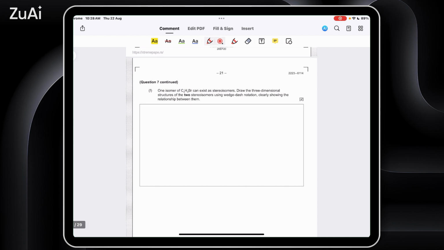One isomer of C4 exists as, draw the 3-dimensional structure of the isomer. So it should be like this. It has bromine, C2H5 and CH3.